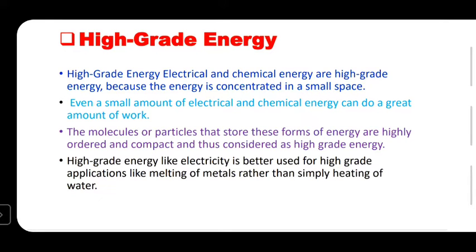Whenever the mechanical shaft is rotated, energy conversion takes place, that is, mechanical work is done. In case of high grade energy, the maximum amount of energy is utilized to convert the work, or to change the form of energy.